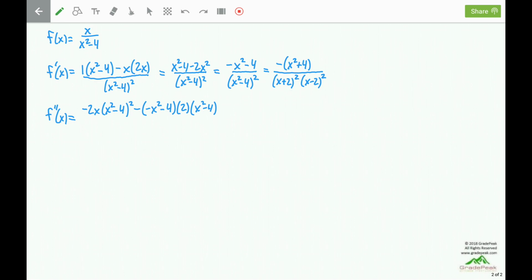Subtract 1 from the power, it'll now be to the first power, and then multiply by the derivative of the inside to complete the chain rule. And then this entire thing over the denominator squared.